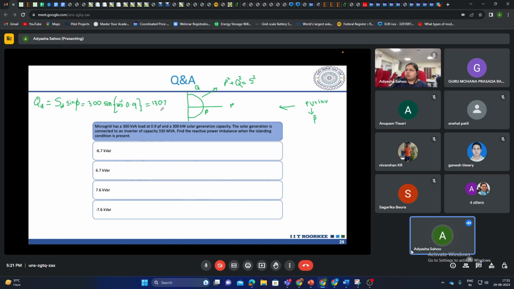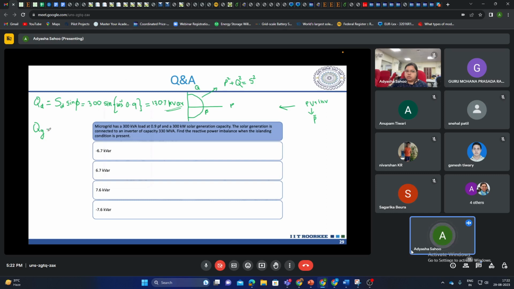If you do 300 times sine of cos inverse 0.9, you will get this 130.7, and its unit will be kVAR. Then moving on to Qg.